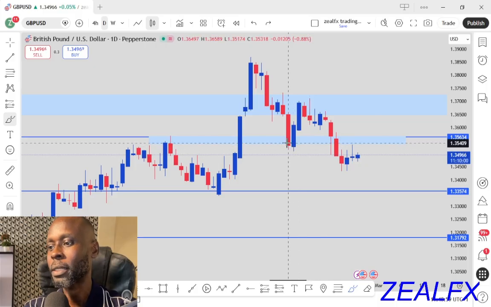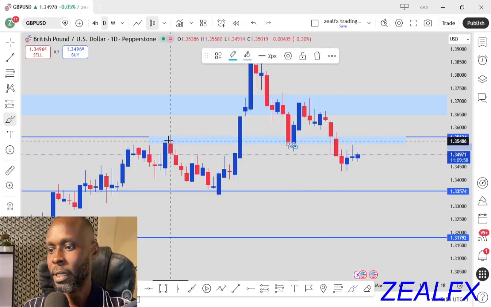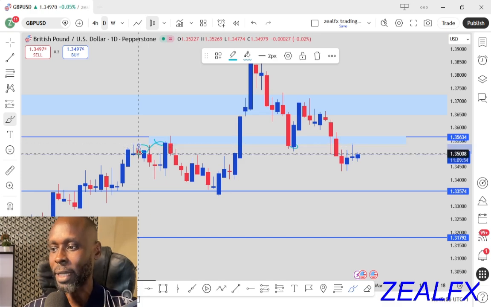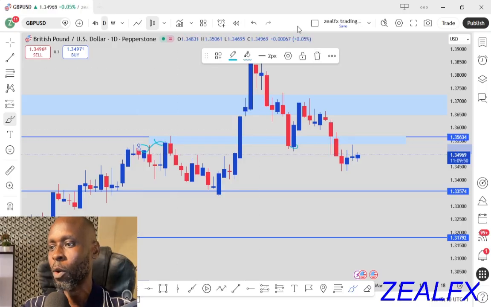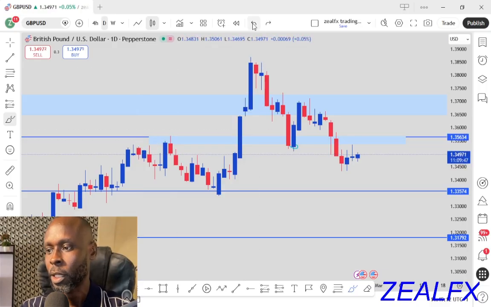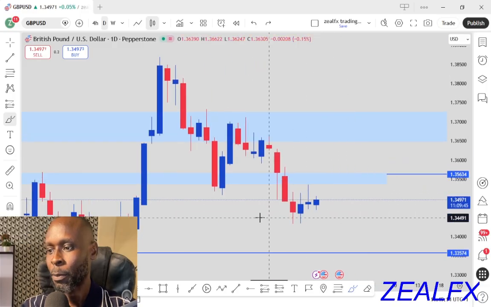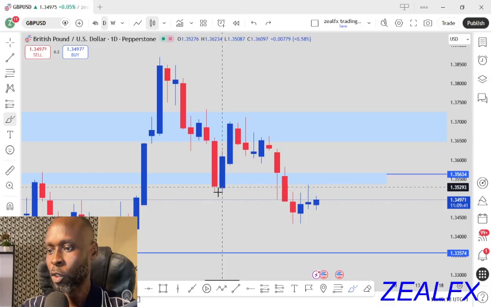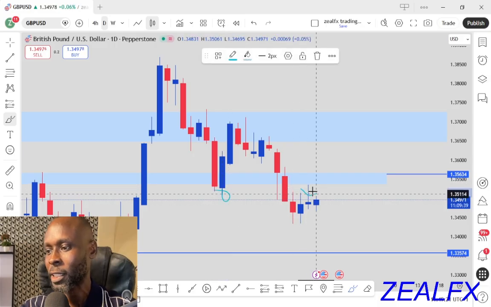You can see that price has tested this particular level already, and this level already. These are signs that price really wants to push lower this week. From the candlestick anatomy this week, there's a price reversal from this particular support, the previous support level. You can see that price reversed from this level.